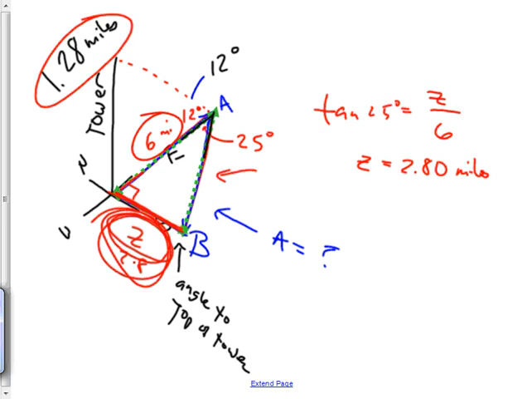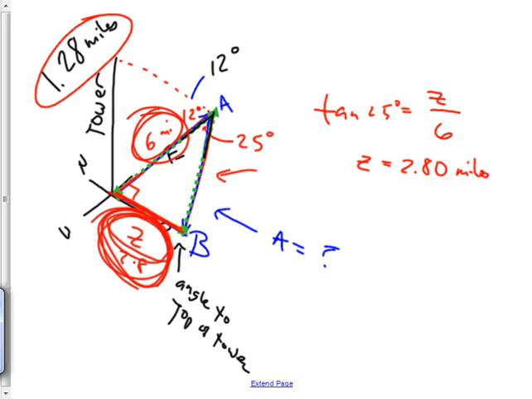Do I have to find that last side? No, don't have to. I can find this area super easily because it's just base times height divided by 2, since it's a right triangle. Did you get how this would be more challenging if that wasn't a right triangle?